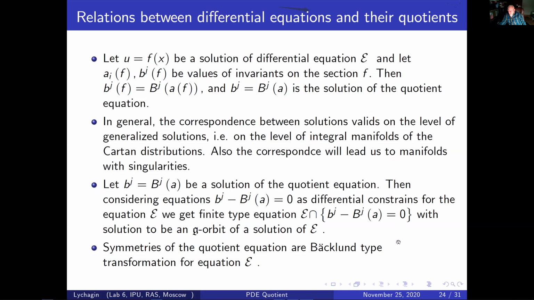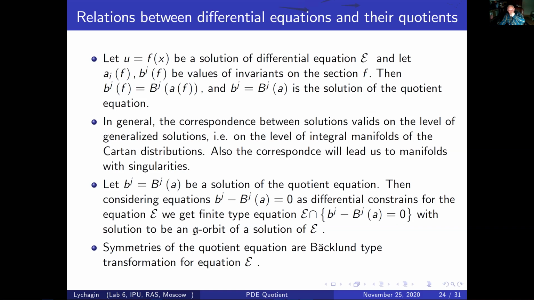And one more funny remark: if you take a symmetry of the quotient equation, as we saw, solutions of quotient equations are just orbits of solutions of our original equation. So a symmetry of the quotient moves orbits to orbits.